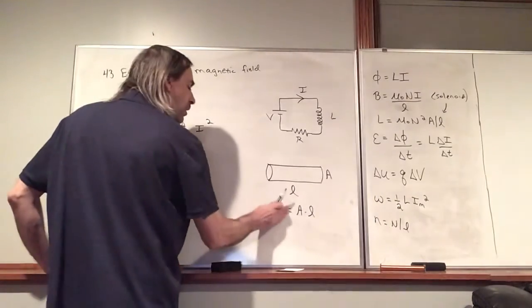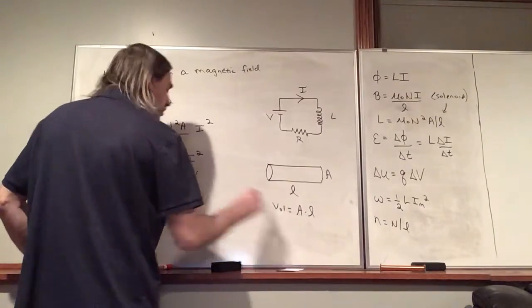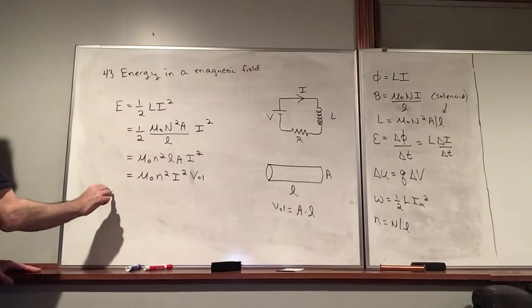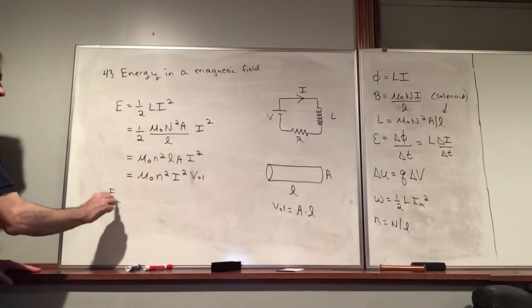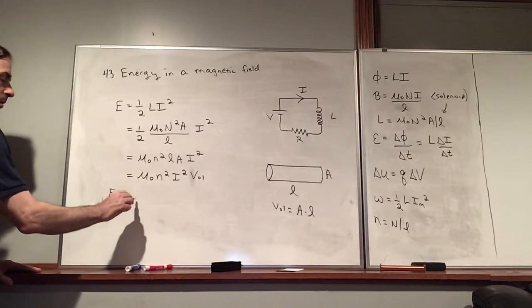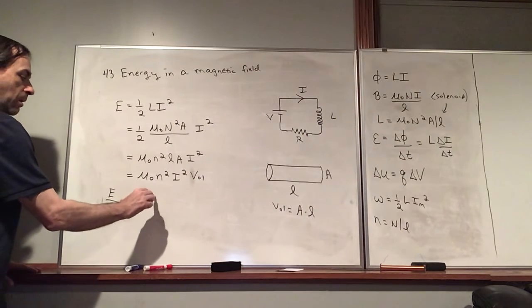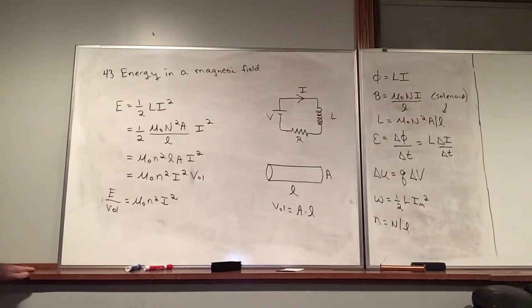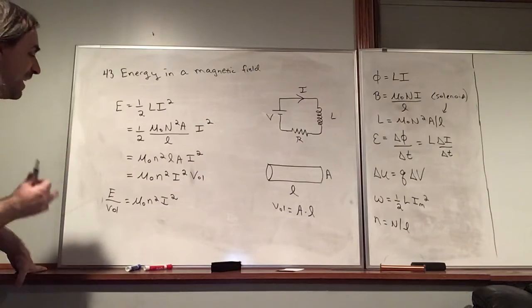We'll write out VOL just to be safe. And let's divide the energy over the volume. So we have mu naught n squared I squared. This is the energy density.